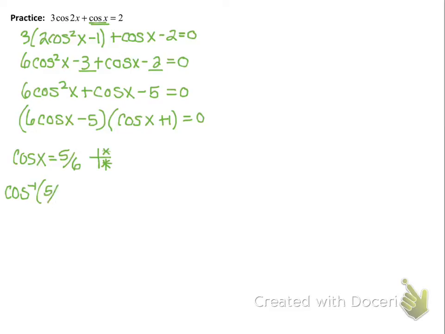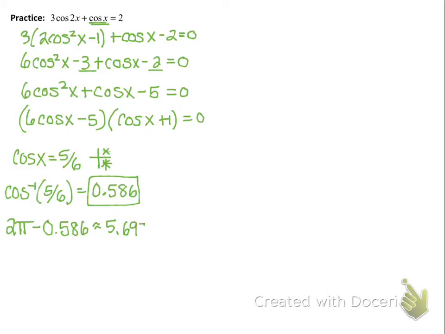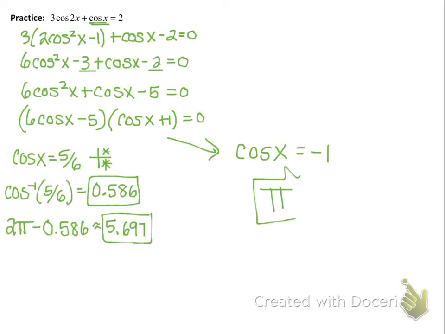When I find the reference angle in my calculator, I get 0.586, and I need this one since I need quadrant 1. And to be in quadrant 4, I'm going to subtract that value from 2 pi. When I do that, I get 5.697. And then over here for cosine x plus 1, I'm going to have cosine x equals negative 1. And cosine is negative 1 at pi.